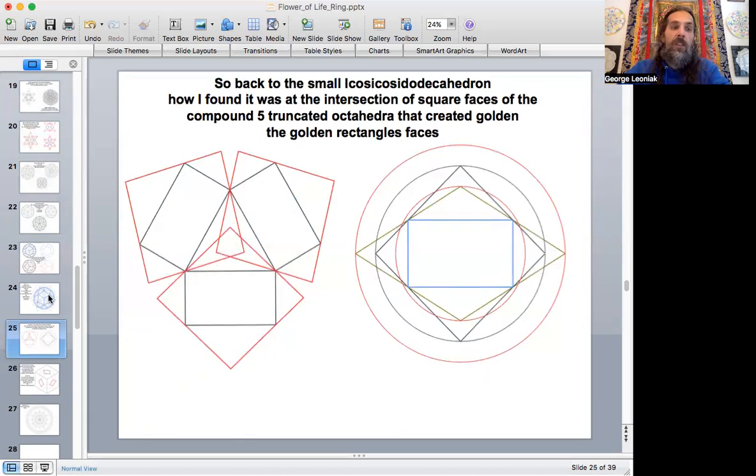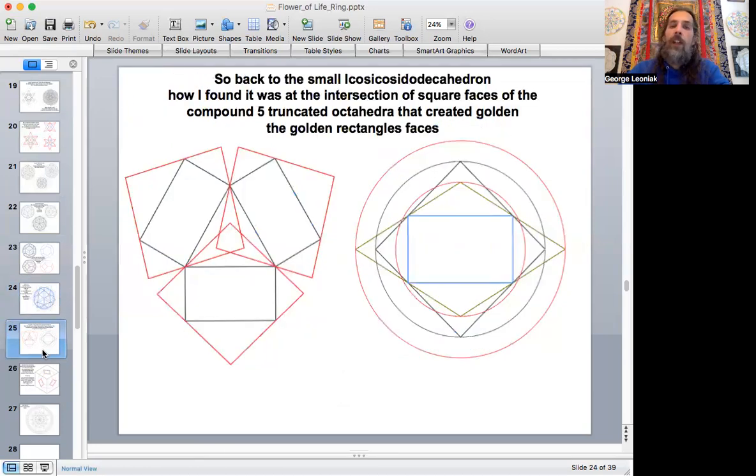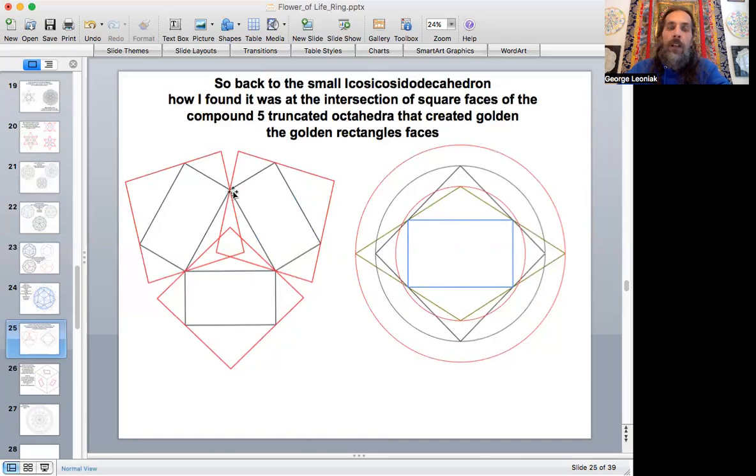Now that, of course, is this little triangle right here. But below that, underneath the panels of the faces of the form, there's another meeting spot down here. And it's going to meet all the way around, and it's going to create golden rectangles, and this is starting to form a pentagon here, and that's going to create the form.